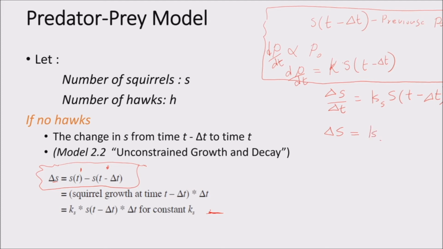We're talking about the squirrel population here, so we call the squirrels S. The previous squirrel population is S at t minus delta t, and since delta t is on the other side, I can write it here like this. So it's the same equation.